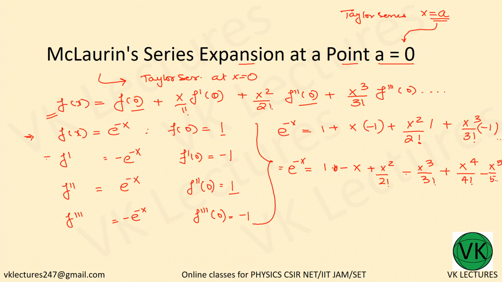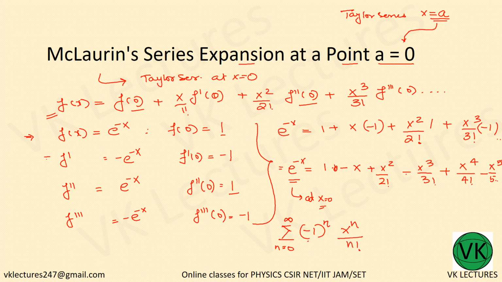So this is the expansion of e to the power minus x at x equal to 0. This is Maclaurin's series. Simply we can write it as sum over n equal to 0 to infinity, because it is an infinite series, minus 1 whole to the power n, x to the power n divided by n factorial.